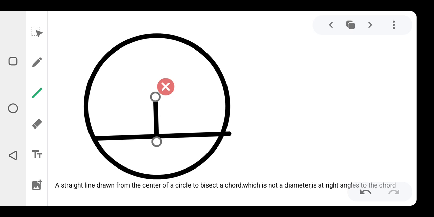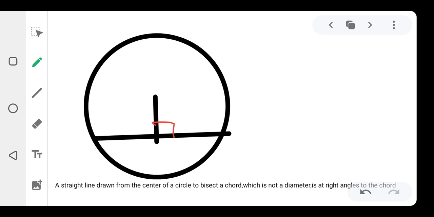You know this chord is not a diameter, right? So this straight line that bisects the chord is at right angle to the chord. Let me just draw it very well.